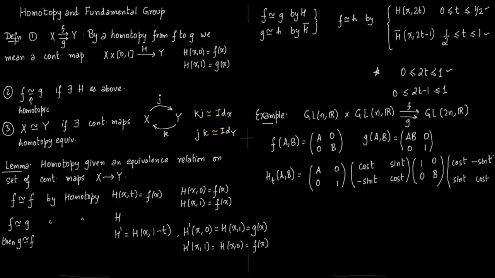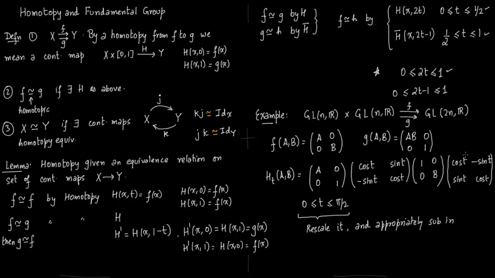So notice that we take t from 0 to pi by 2. If you plug in 0 and pi by 2, you will get respectively F and G. So you can rescale this to make it from 0 to 1. Say you put capital T from 0 to 1 and you appropriately multiply by 2 by pi, and then you will get a 0 to 1 scale. But this is easier to understand from 0 to pi by 2.